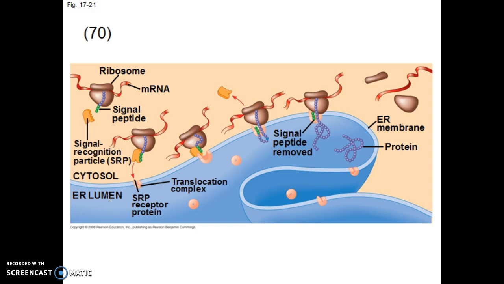Keep in mind that there are 2 populations of ribosomes in cells. There are the free ribosomes, which are floating around the cytosol, and there are bound ribosomes, which are attached to the ER. Most ribosomes synthesize proteins that are functional in the cytosol. Bound ribosomes make proteins of the endomembrane system, and these proteins are usually secreted from the cell.